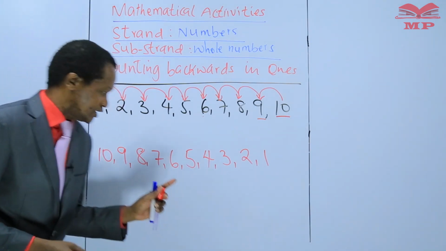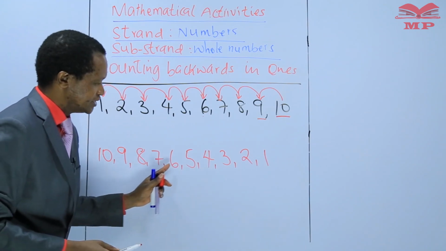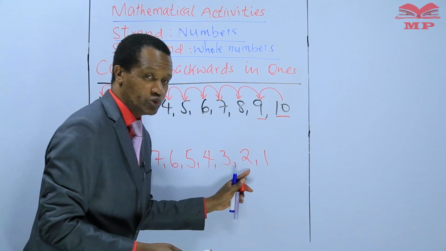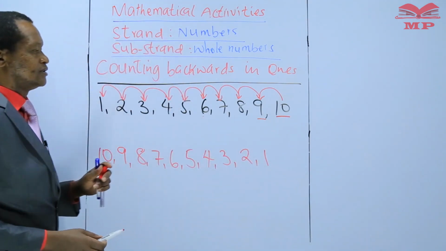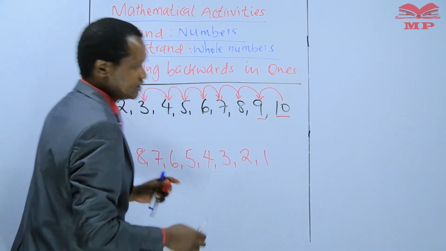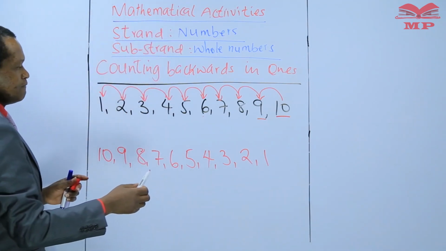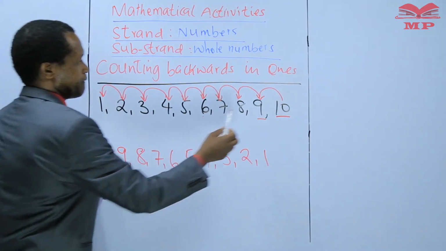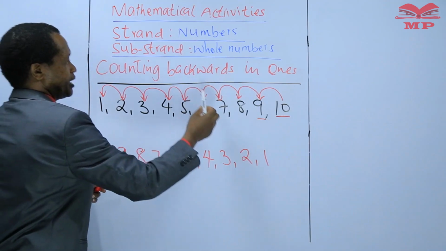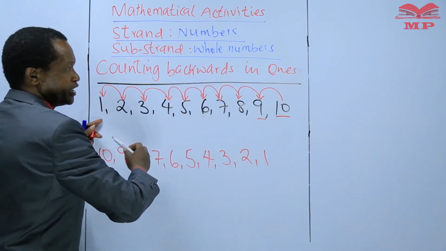Let us count together. 10, 9, 8, 7, 6, 5, 4, 3, 2, 1. Learners, when we count from 1, 2, 3, 4, 5, this is moving forward.